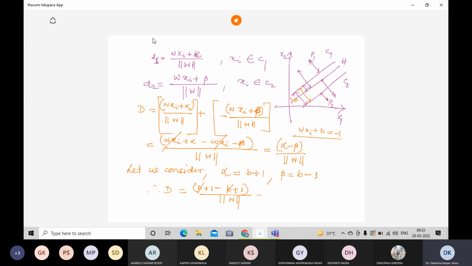The b gets cancelled, so 2 by w. So now our objective is to minimize this w so that we can maximize the distance between the two margins which are used for class C1 and C2. This is the first objective that we have to attain.